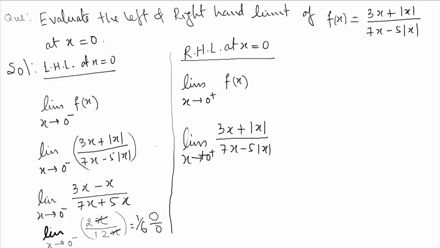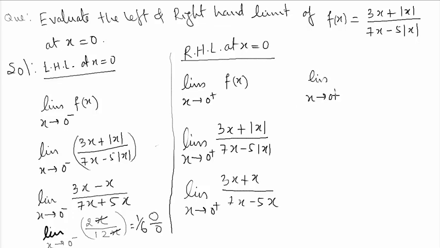Here you can see that x is more than 0 plus, so x is positive. At this place you need to replace mod x by x. So limit x tending to 0 plus, 3x plus x upon, the same way here, 7x minus 5x. This can be written as limit x tending to 0 plus, this is going to be 4x upon 2x.